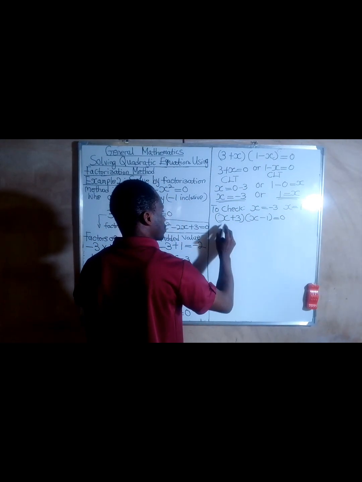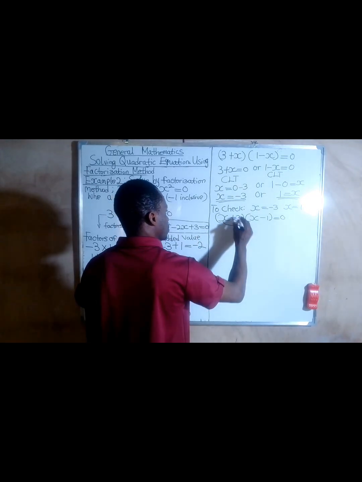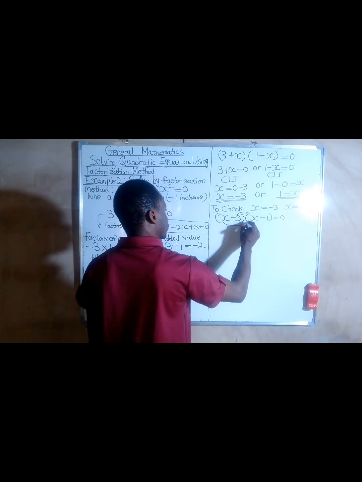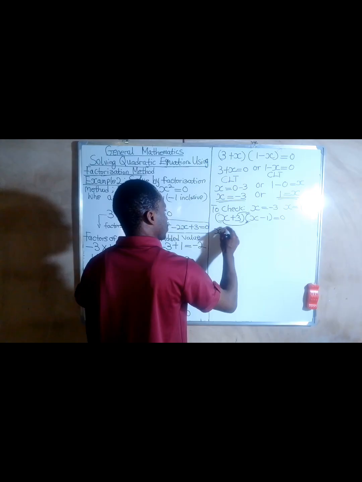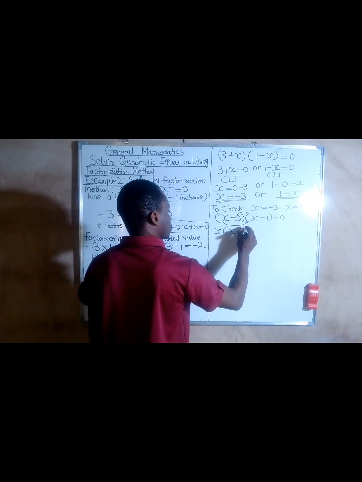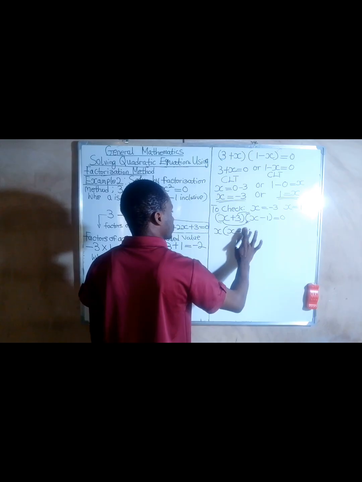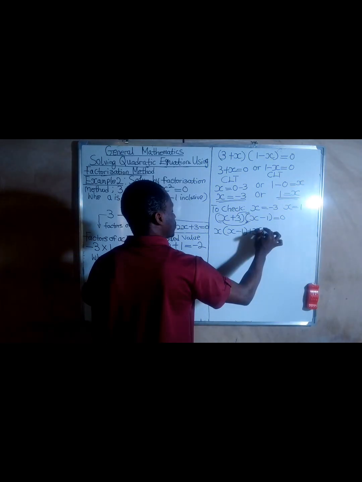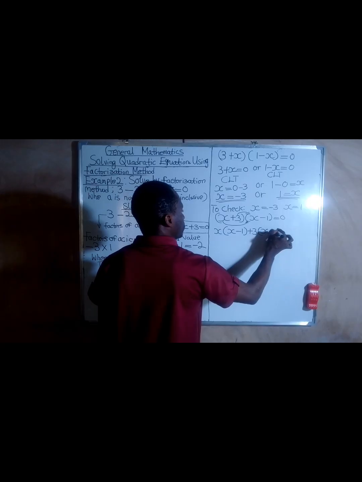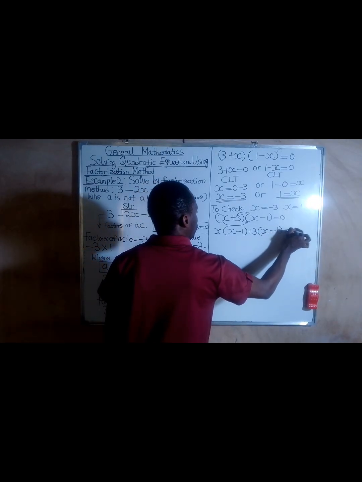Take this times all of this, take this times all of this. So x, open bracket, x minus 1, bracket, plus 3, open bracket, x minus 1 equals 0.